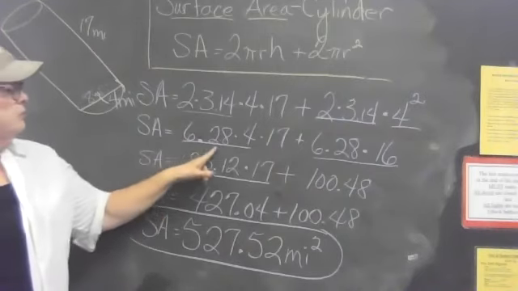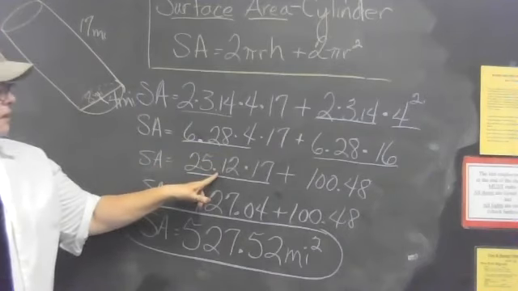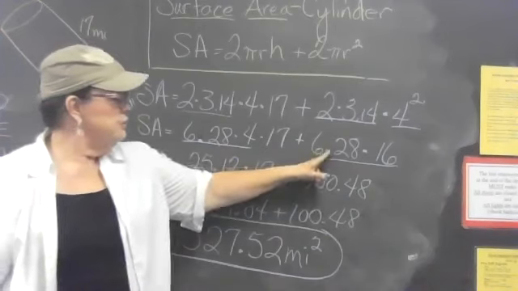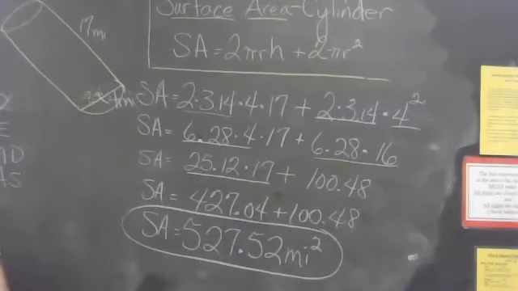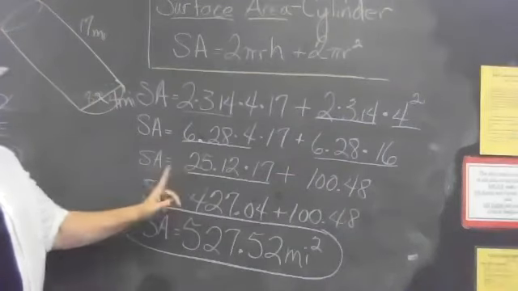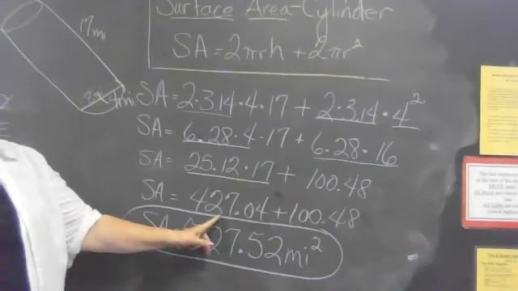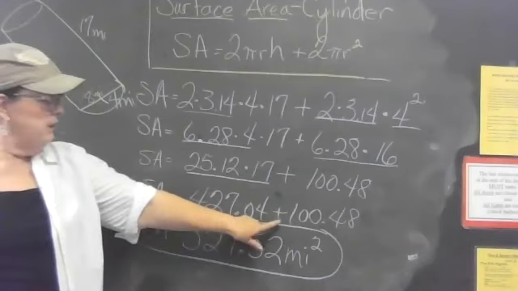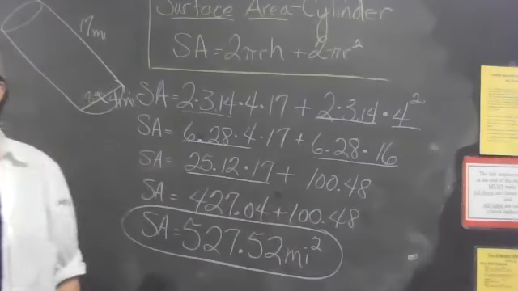So when I did the 6.28 times 4, I got this. Okay? And 6.28 times 16, I got that. I still had some multiply. That's why I underlined this one, got this answer, and then all I had left was a plus. I only had to add this with this, okay?